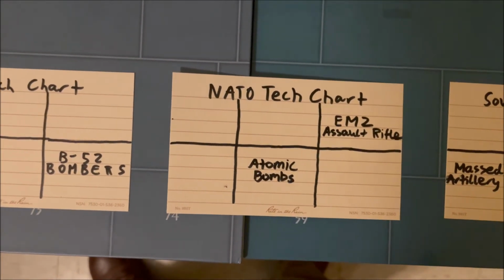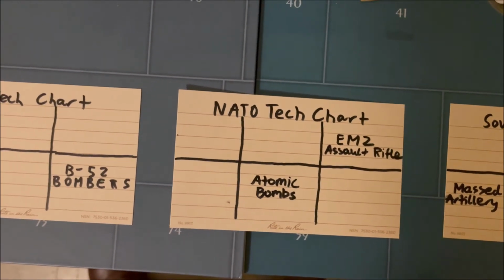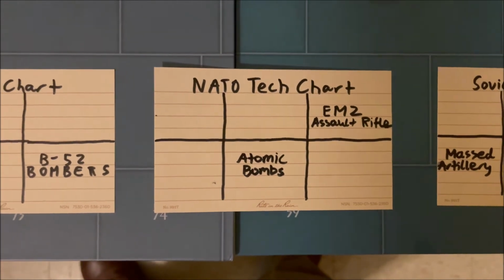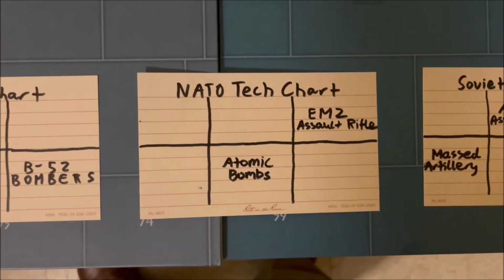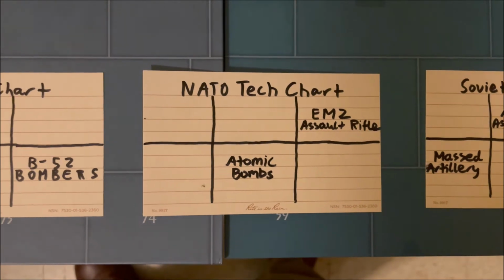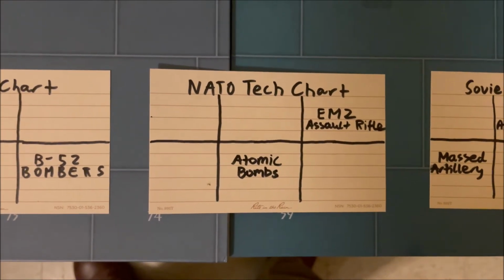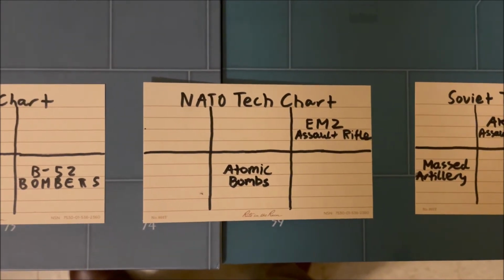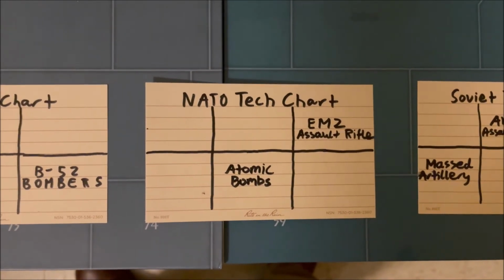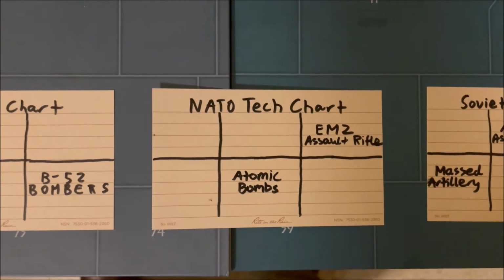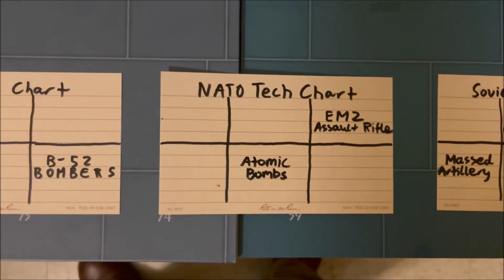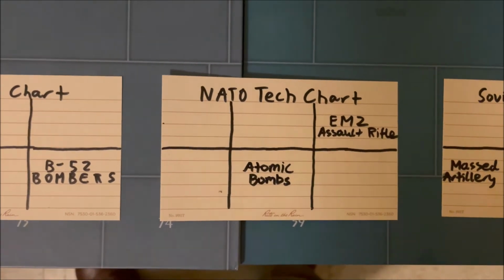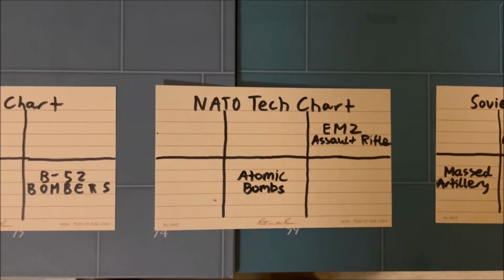What the EM-2 assault rifle gives is it allows NATO infantry to hit on a 2 or less, and when supported by artillery, each supported infantry can roll 2 dice and take the best result. And then atomic bombs, because none of the NATO nations developed atomic weapons until the mid-50s, that is a technology that they have to try and unlock for themselves. Once they do, it allows them to purchase atomic bombs at 30 IPC.